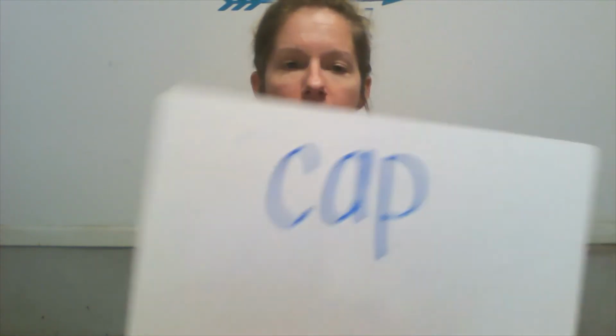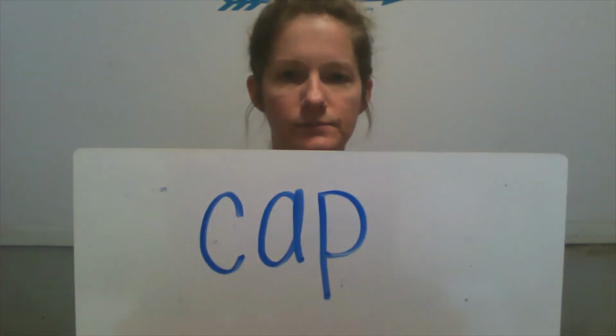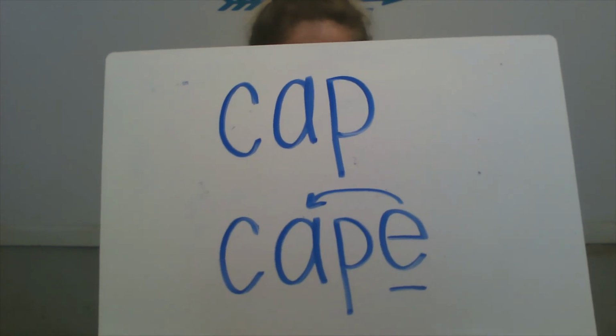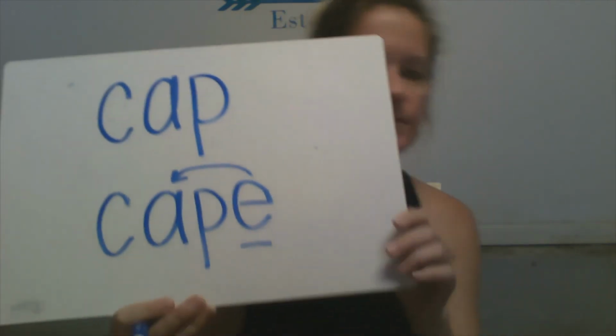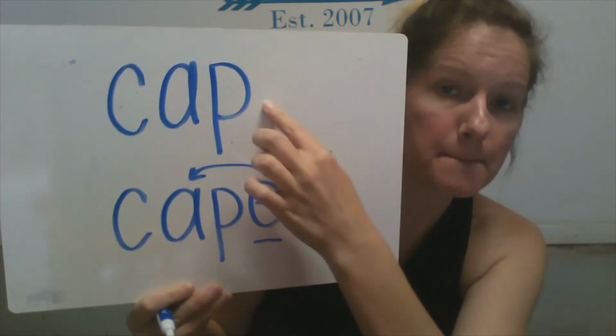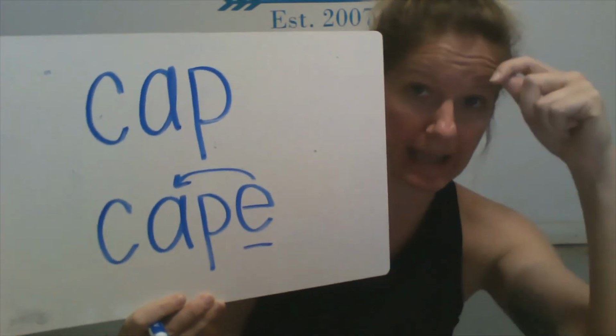All right? Sound that out. Now I want you to sound this one out. All right, did you get it? The first one is cap, like you wear a cap on your head.